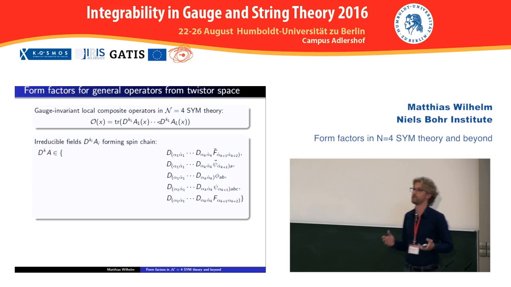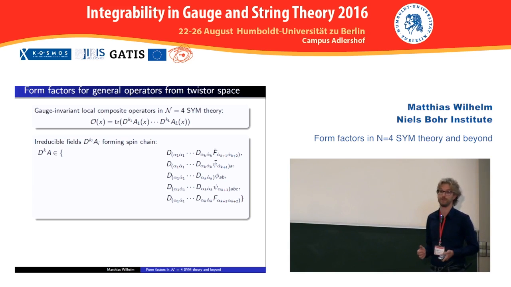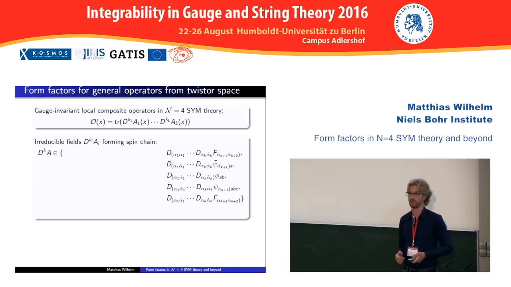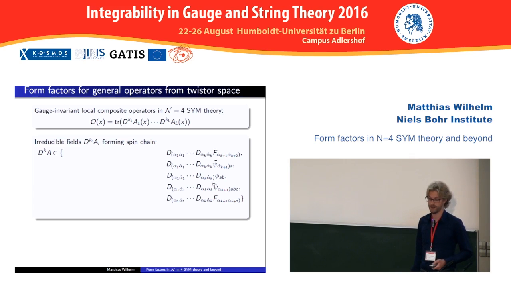That means they are transforming in the irreducible singleton representation of PSU(2,2|4). These fields are the scalars phi, the fermions and antifermions psi and psi bar, as well as the self-dual and anti-self-dual part of the field strength.